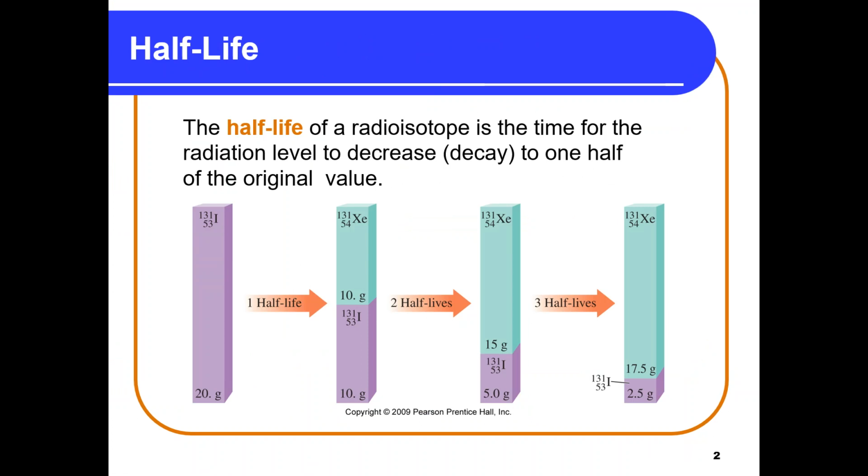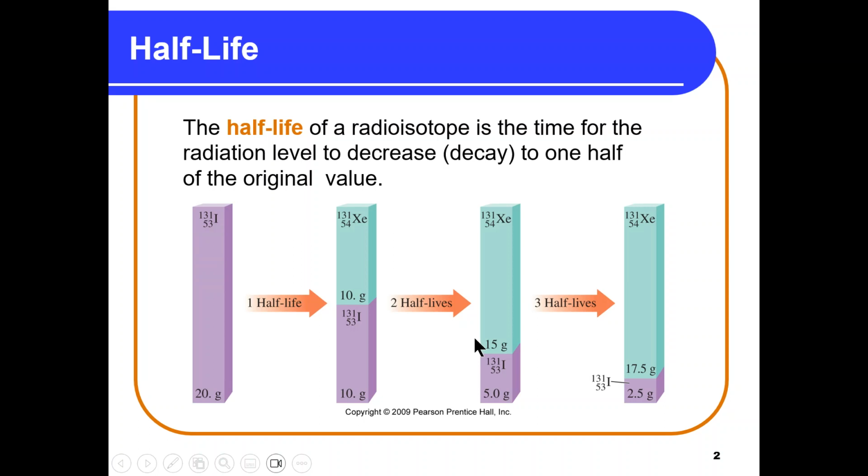So the half-life of a radioisotope is the time taken for the radiation level to decrease to 1/2 its original value. Another way of stating it is the time taken for a radioactive substance to be reduced by half upon emitting radiation.